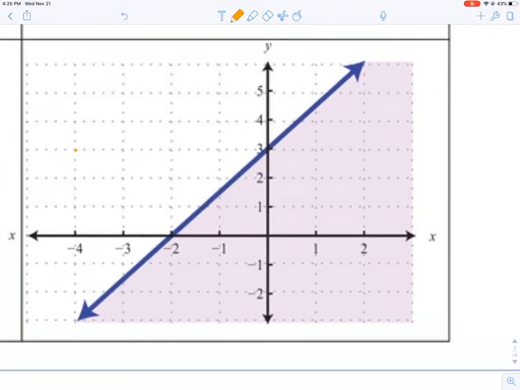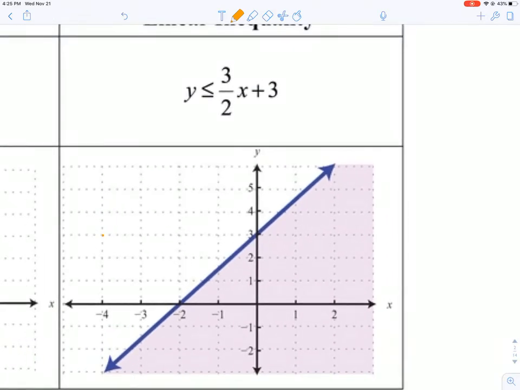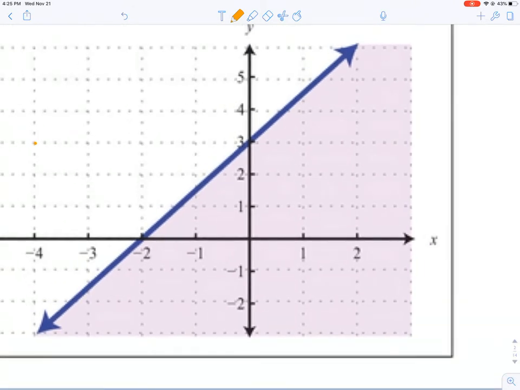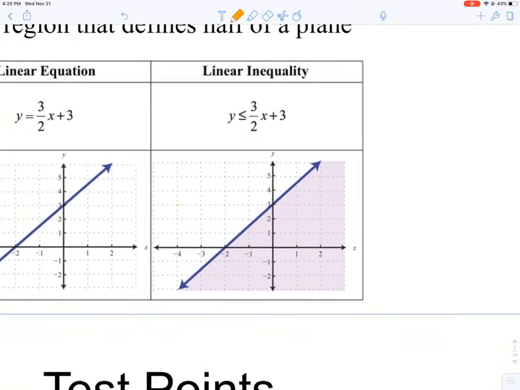The shaded region represents all of the ordered pairs, so any ordered pair that lies in that shaded region is going to satisfy this linear inequality. Whereas with linear inequalities in one variable, we graph the solution set on a number line, now when there are two variables, we can represent the solution set in the XY plane, so in two dimensions.